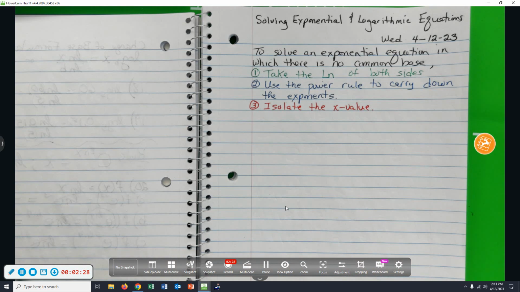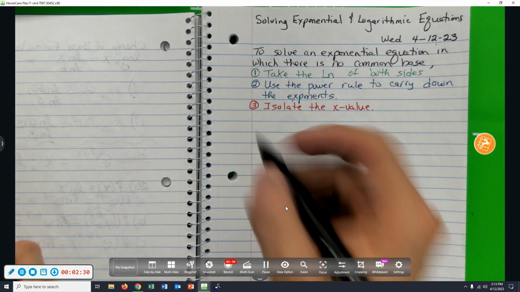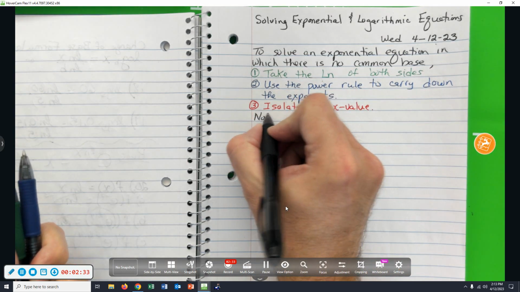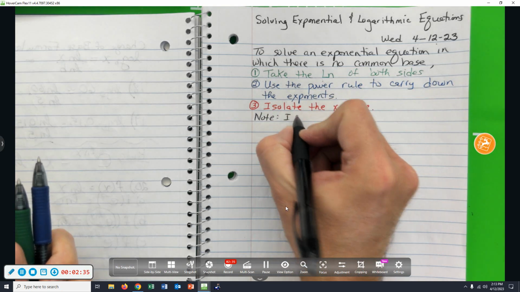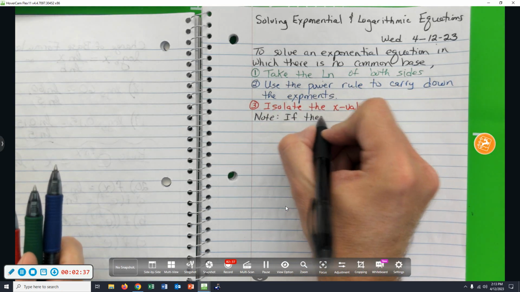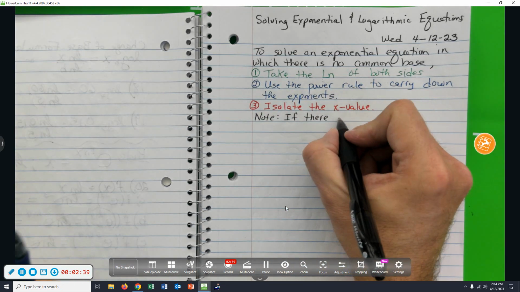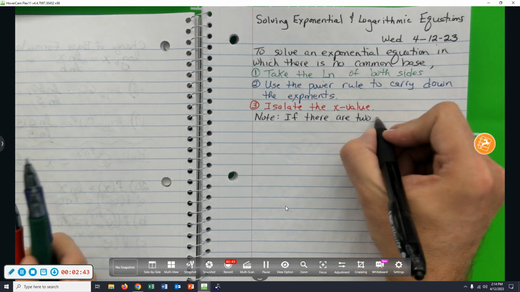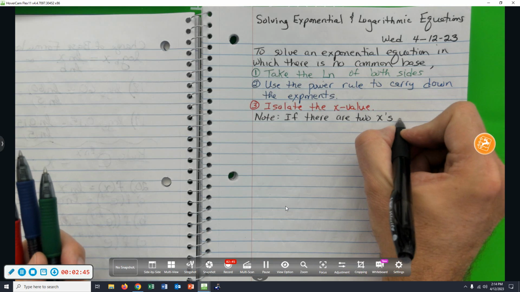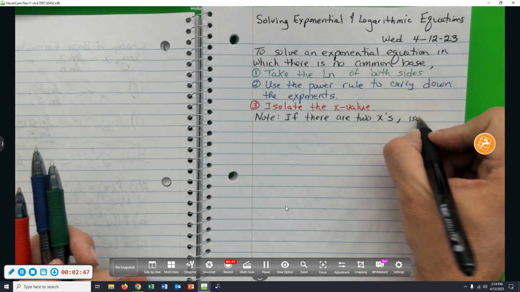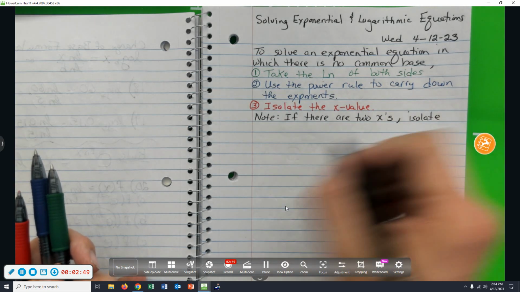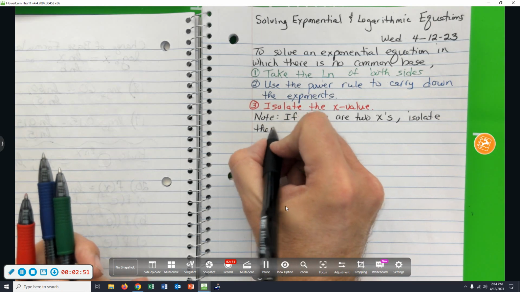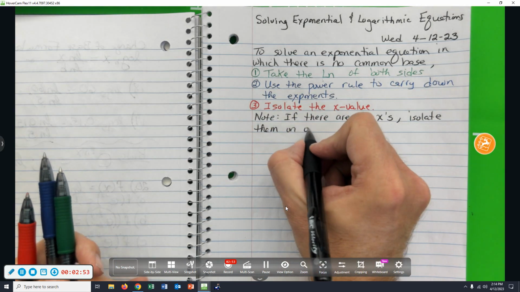And maybe we better put a note there. If there are two x's, isolate them on one side.